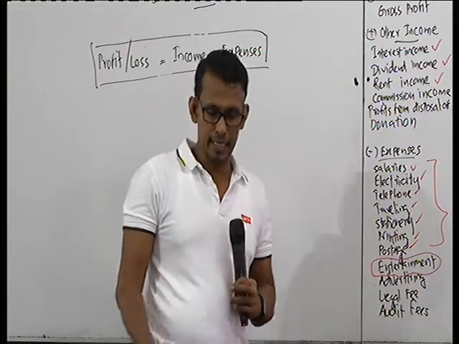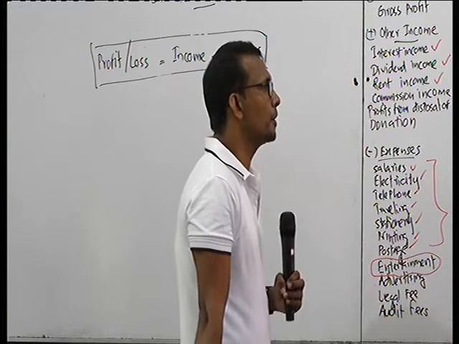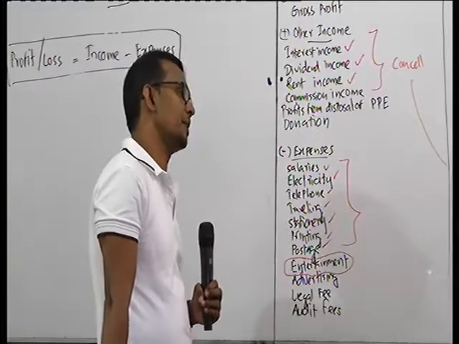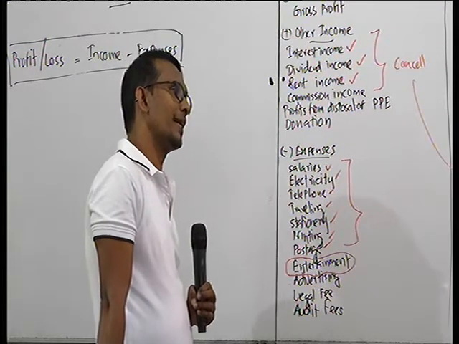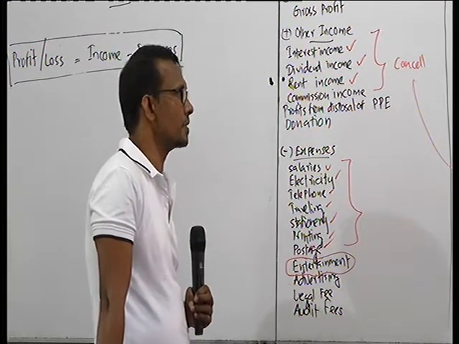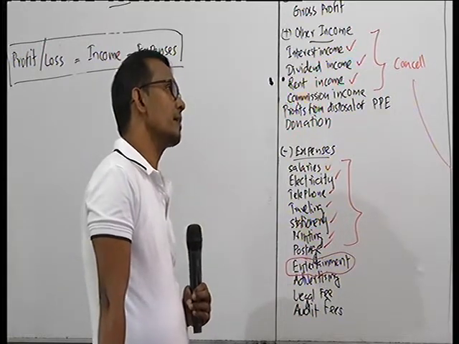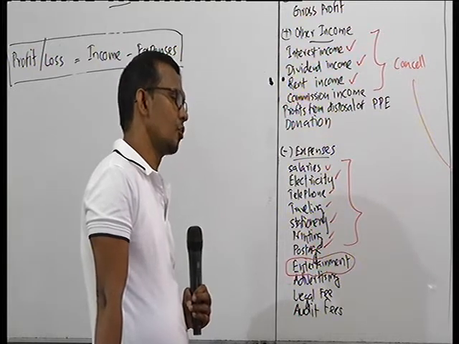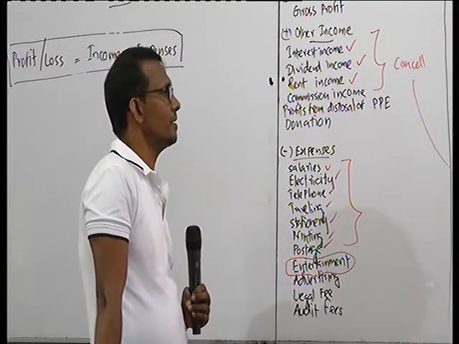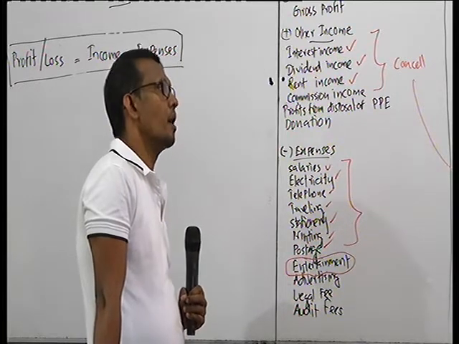Because in the Inland Revenue Act, in computing assessable business income, for the purpose of deductibility of expenses, there are certain guidelines given. In that context, there are a few important sections: section 10, section 11, and sections 12 to 19.